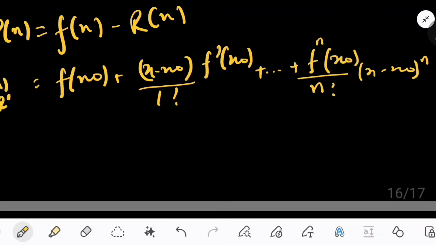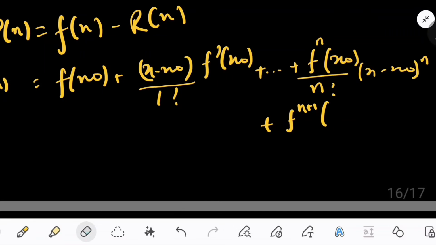f(x) minus R(x), and you can bring that R(x) over here, plus R(x), and you can write that R(x) as this thing plus (x minus x naught), or the (n plus 1)th derivative of this thing.